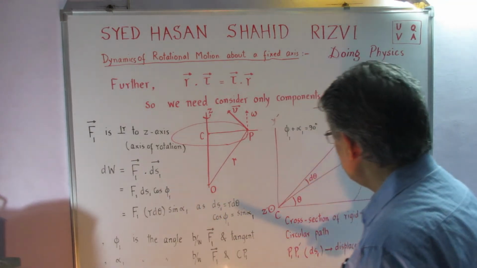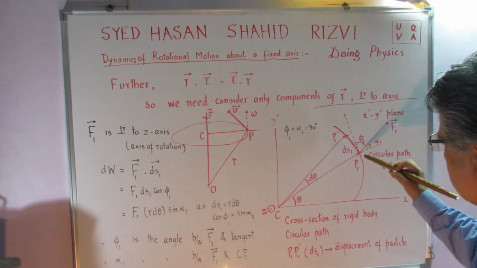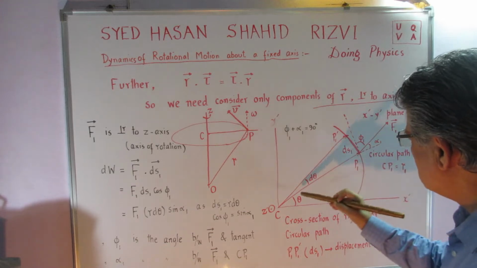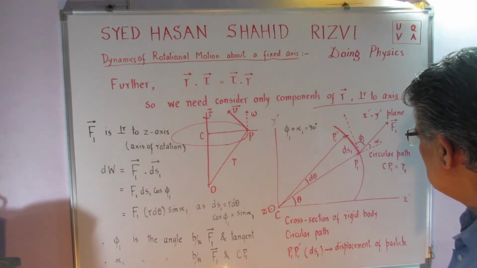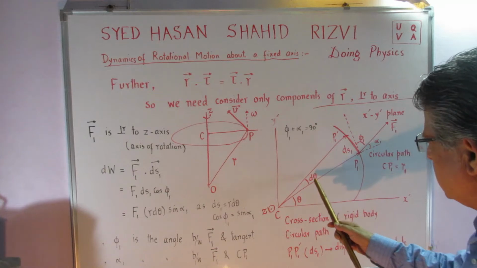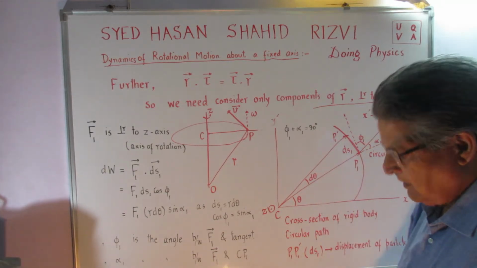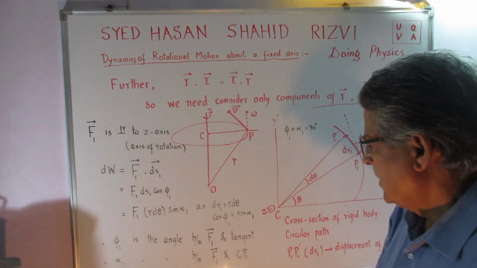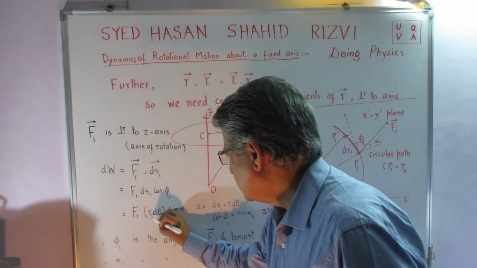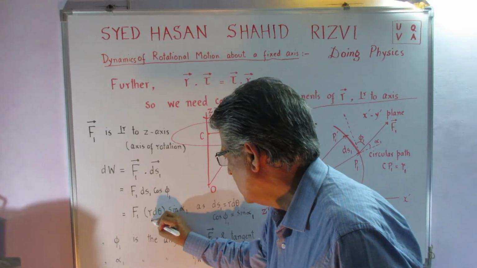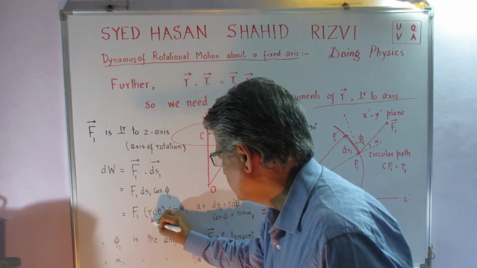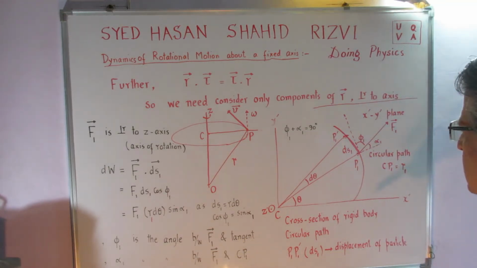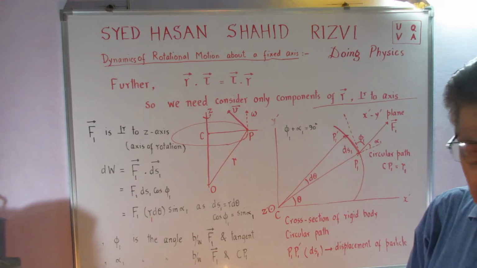Now ds1, as you know, is an arc, therefore it can be written as r1 d theta. So this is r1, and cos of phi 1 is the same as sine of alpha 1.